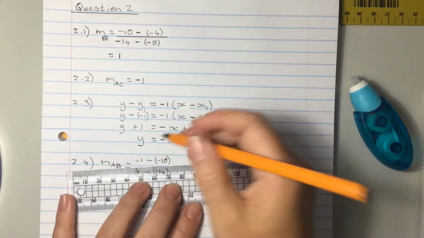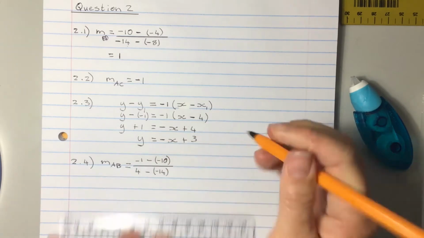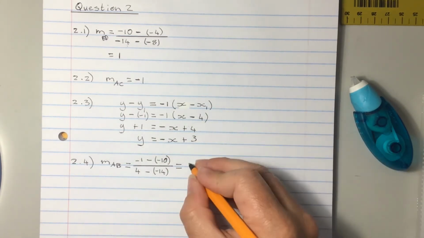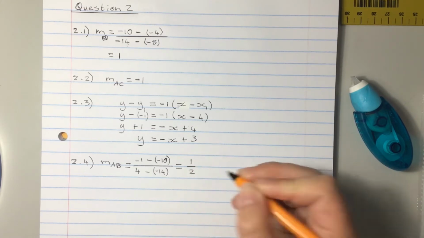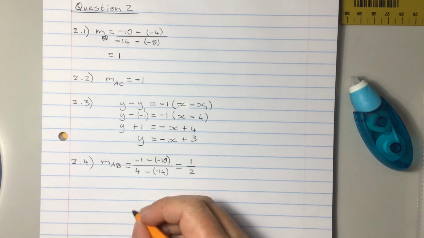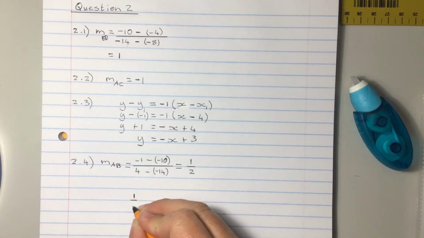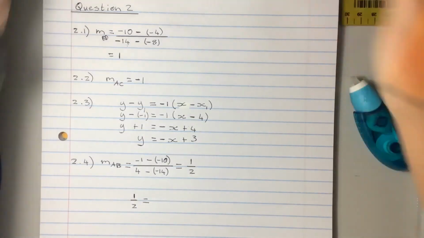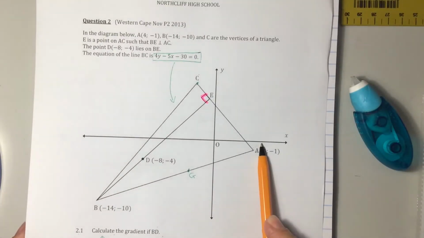And I would put that into my calculator, and I would push equals, and that will give you 1/2, simplified fraction.